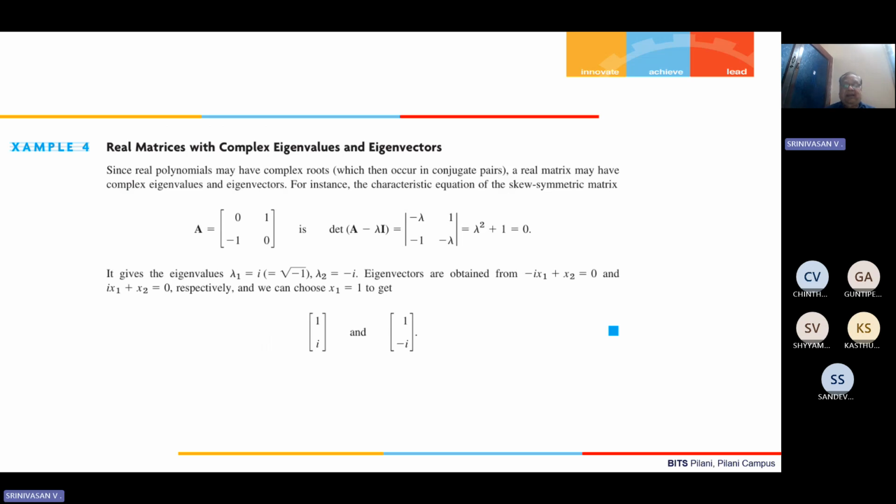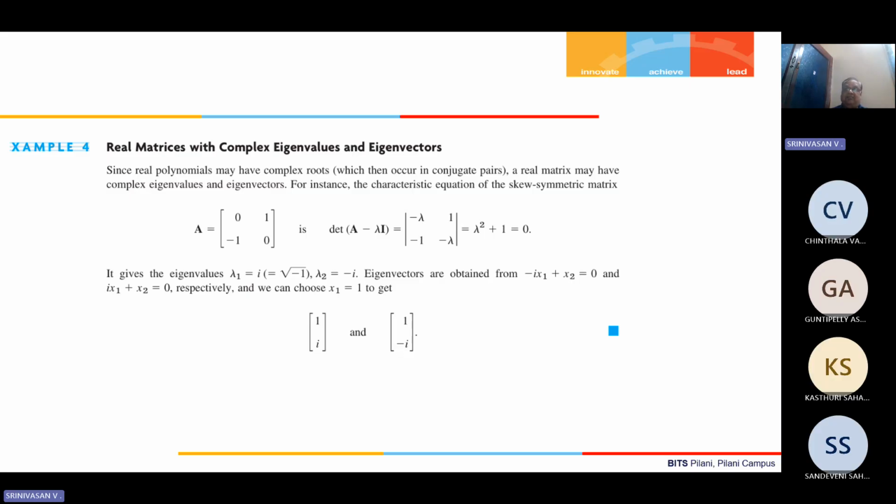Now, real matrices with complex eigenvalues and eigenvectors. Matrices might be real, but you can end up with complex eigenvalues, and hence naturally complex eigenvectors. How do you get this?